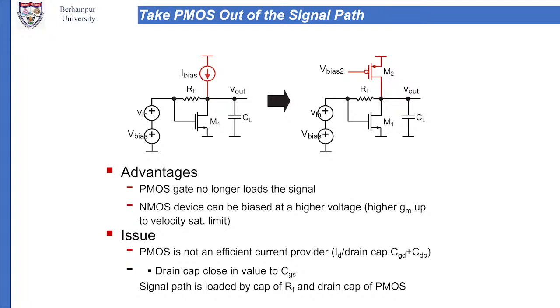The only issue is that CMOS is not an efficient current provider, and with drain capacitance close to its Gs, the signal path is loaded by the capacitance of RF and the drain capacitance of CMOS. These are the issues when you have the CMOS, so these issues are also taken care of.